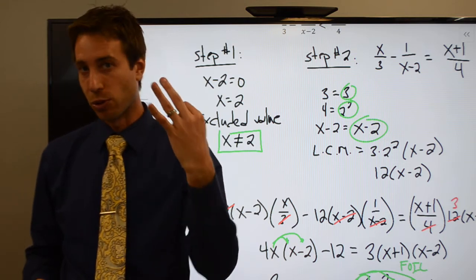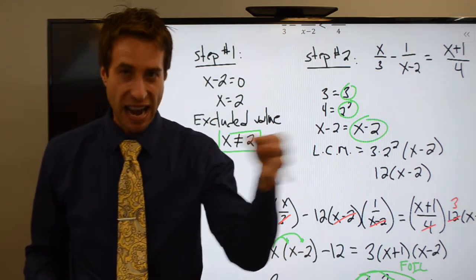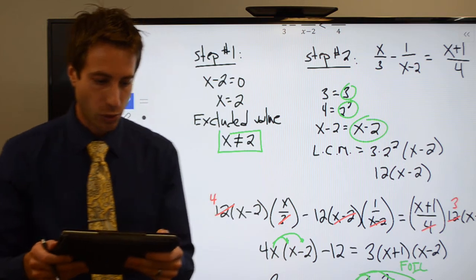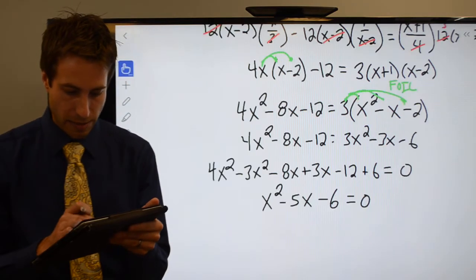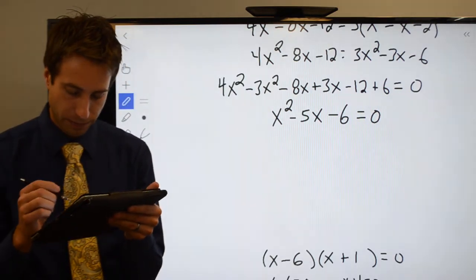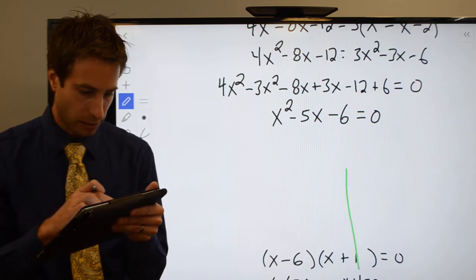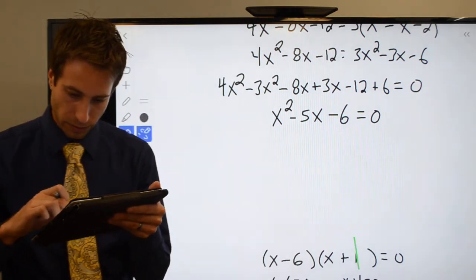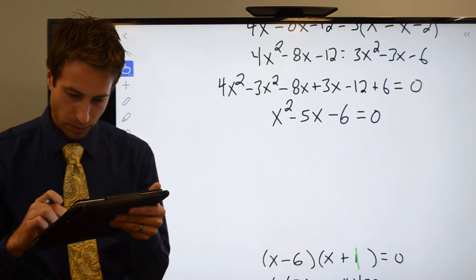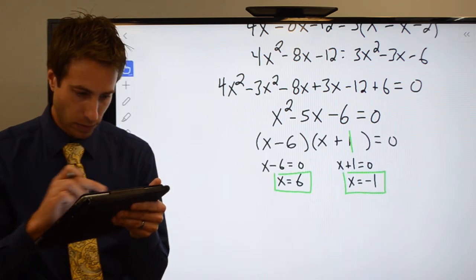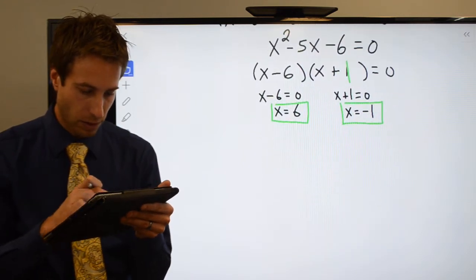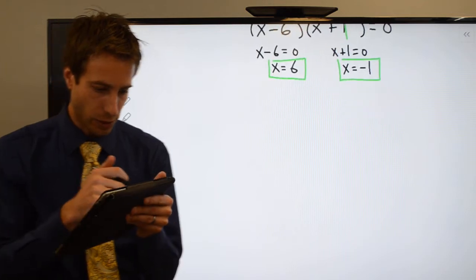Step number 3 was to put those values on a number line, to divide that number line into intervals, and then we'll go from there. So here we go. Let me come back down here. Step number 3.